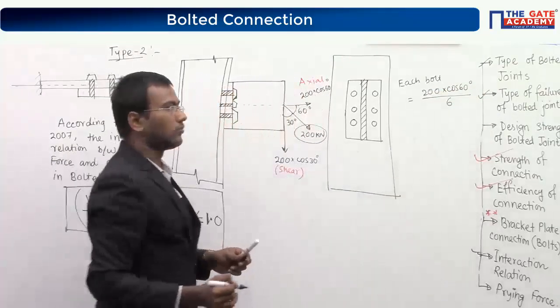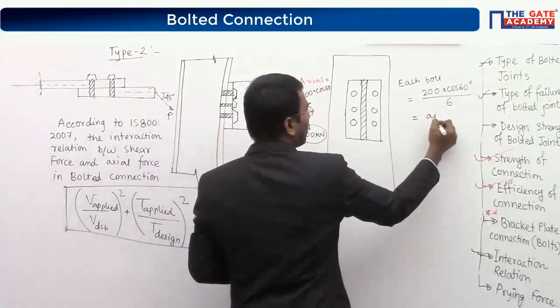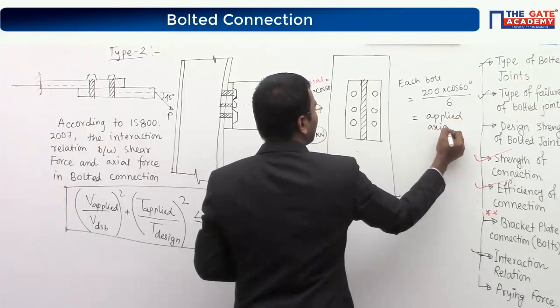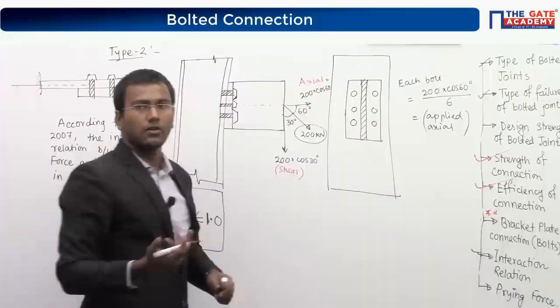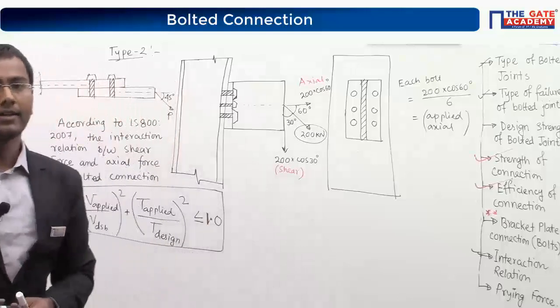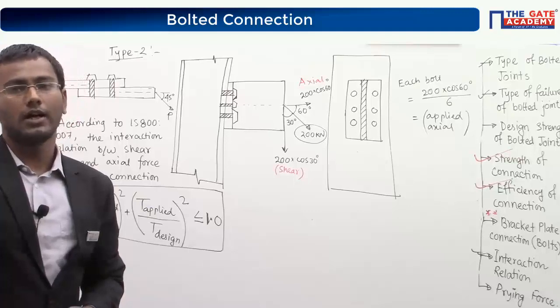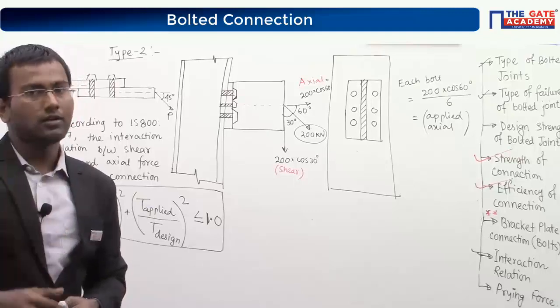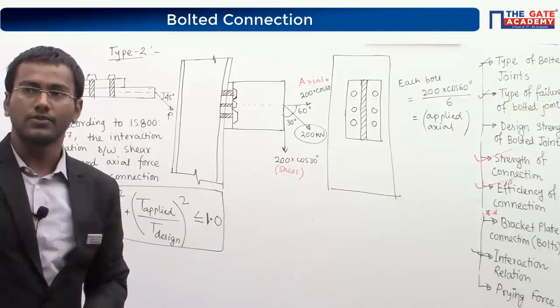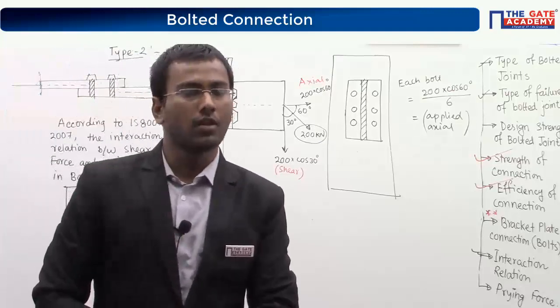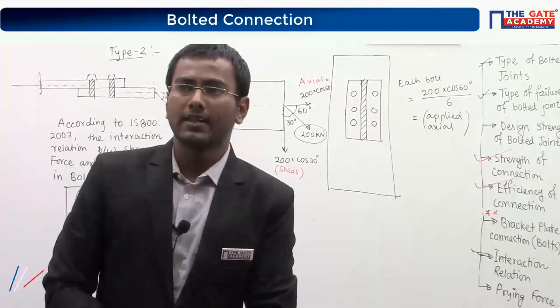So this is nothing but your applied axial, and the design axial will be given, right? And similarly the design shear will be given, and the vertical shear you have to find out. So this type of question may be there.